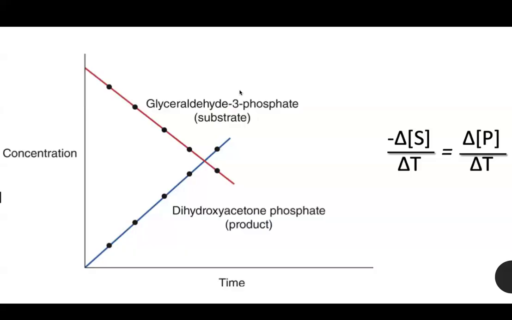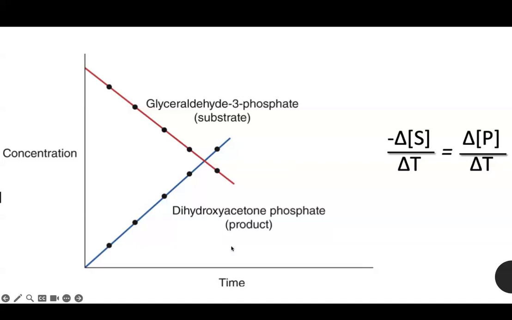Looking at this graph, if you think of reaction velocity as concentration versus time, a substrate is used up. So we start with a lot of substrate, and as time goes by, the concentration gets less because we produce product at the same time. So these two are exactly related to each other.